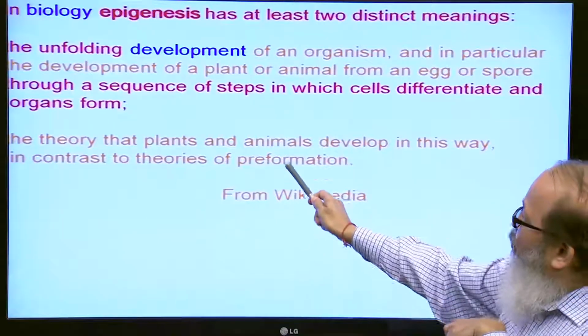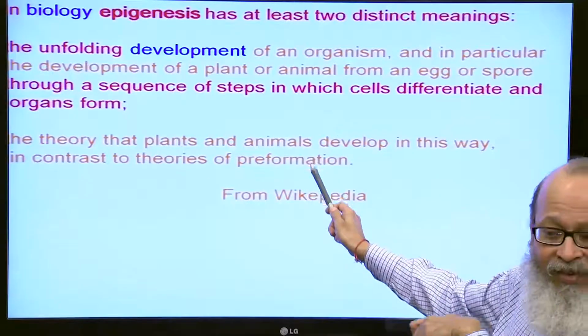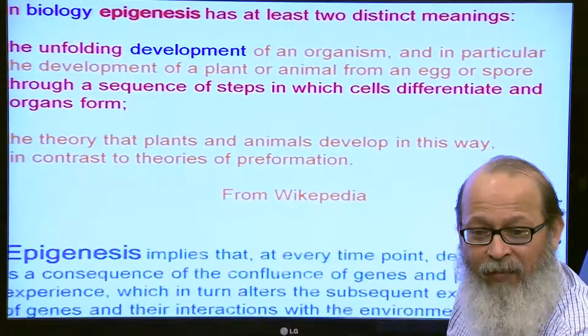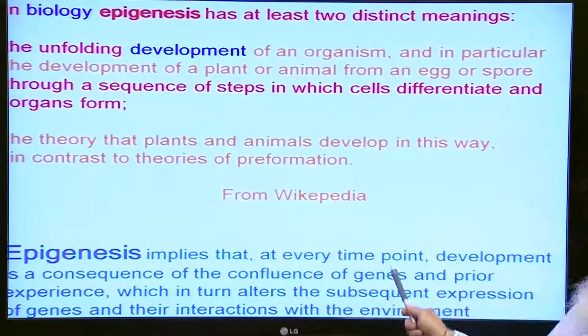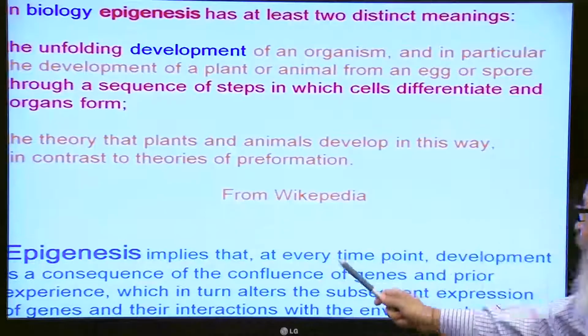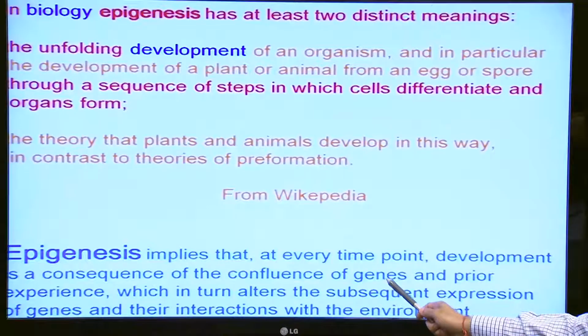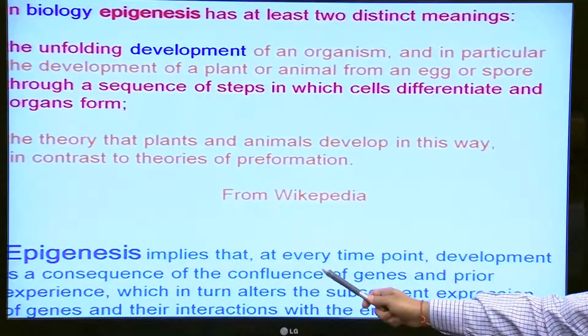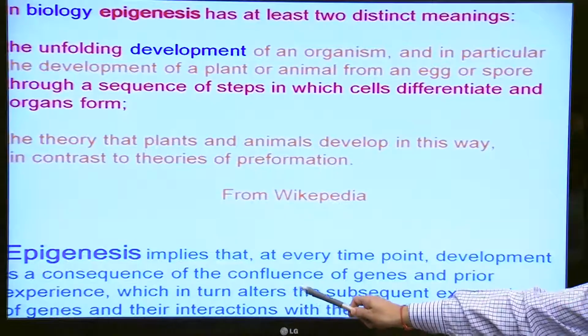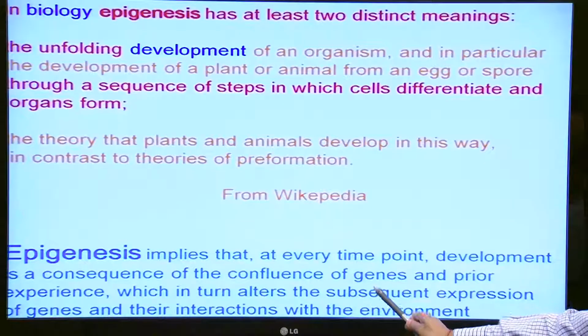So they are not pre-formed. It happens at every time point. Development is a consequence of the confluence of genes and prior experience, which in turn alters the subsequent expression of genes and their interaction with the environment.